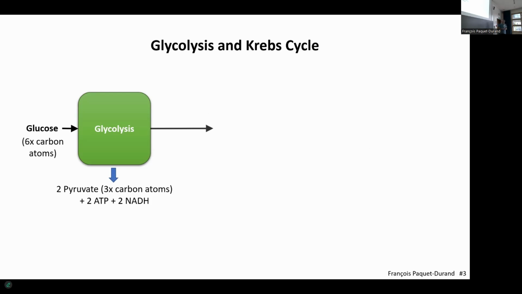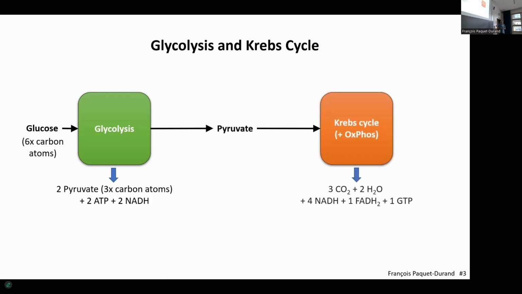Now, the pyruvate that comes out of glycolysis can enter the mitochondria in the so-called Krebs cycle, which is coupled to oxidative phosphorylation. This pyruvate is completely burnt to carbon dioxide and water. That liberates more reducing equivalents, NADH and FADH, and also GTP.